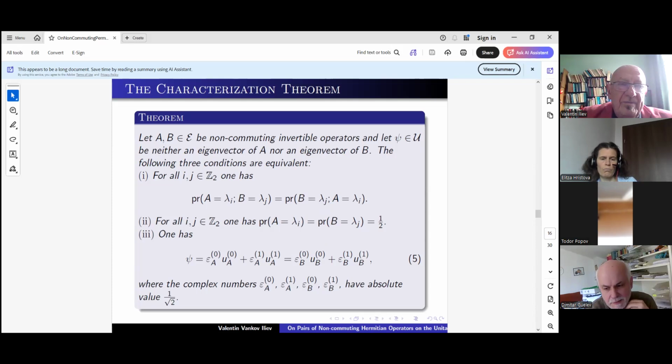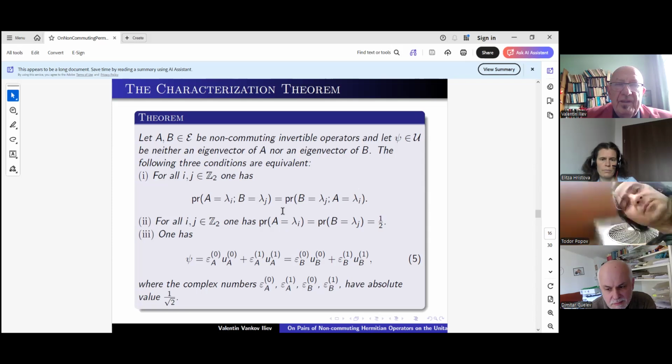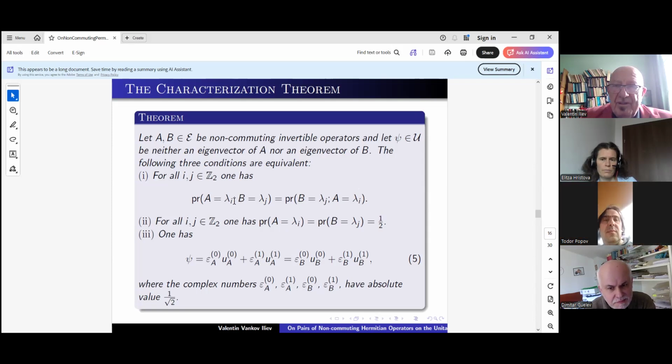Moreover, I suspect that based on this equality, one can build a Boolean algebra with those events, those relational events, and their intersection, which is defined under these equalities.